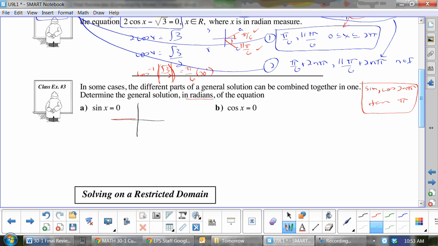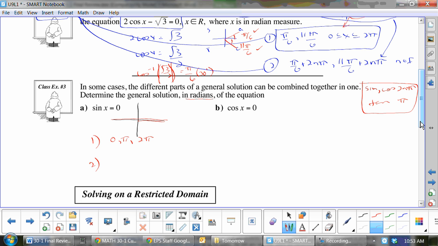Pi, 2 pi, also at 0. So, step 1 is do it within 1 period. So that happens at 0, pi, and 2 pi. Now the general, you could go 0 plus 2 pi, pi plus 2 pi, and 2 pi plus 2 pi.